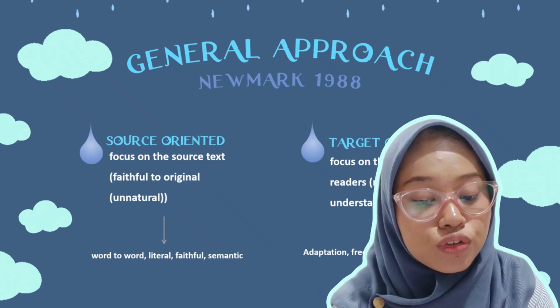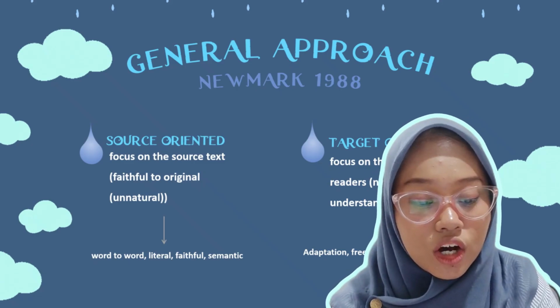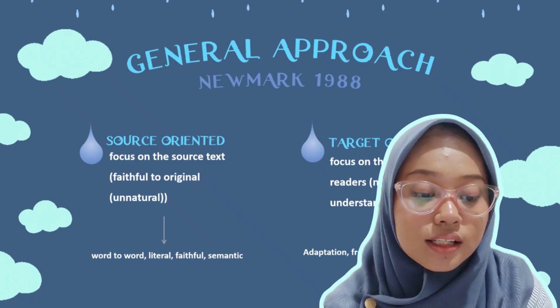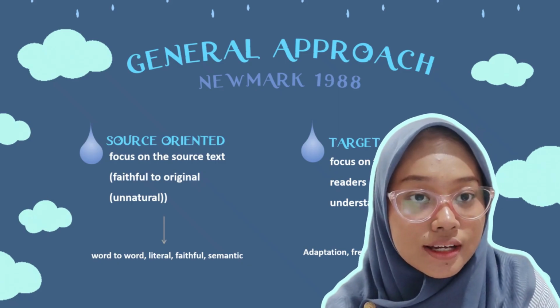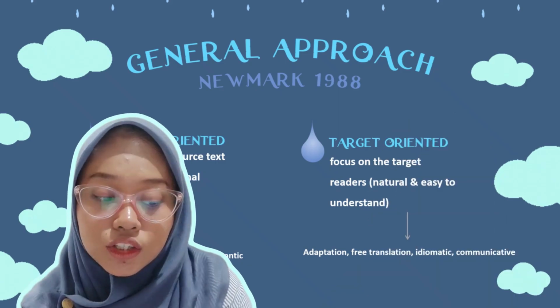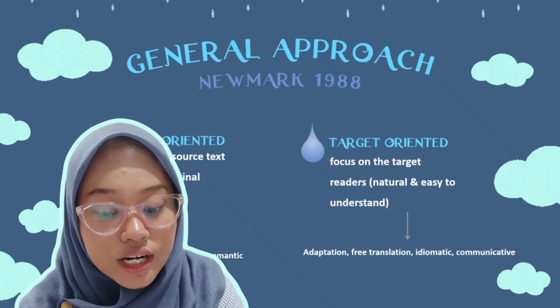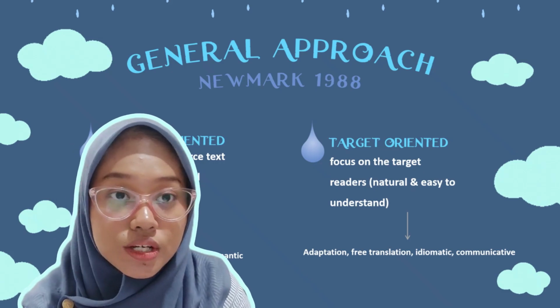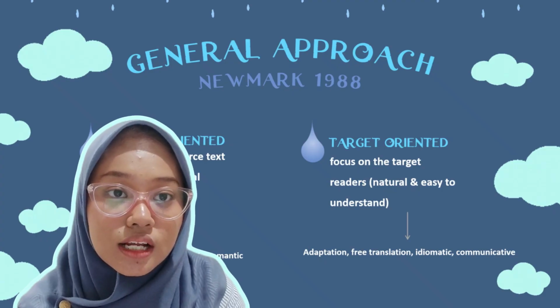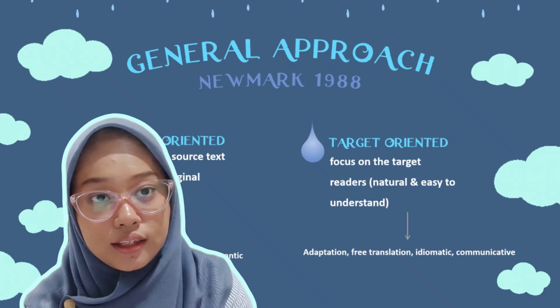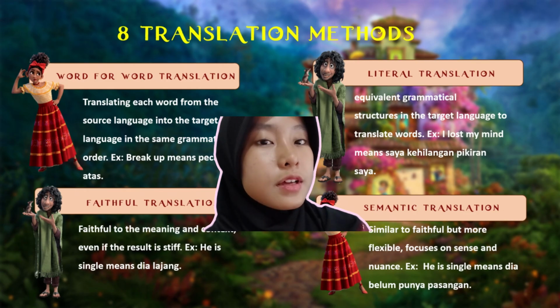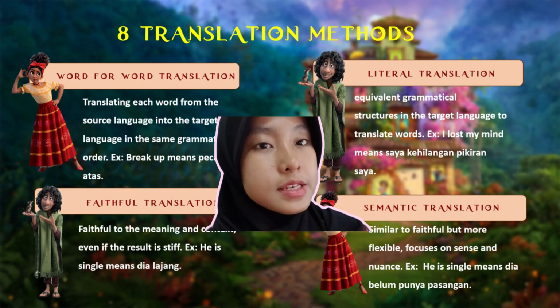Source-oriented gives birth to 4 methods: word-to-word, literal, faithful, and semantic. And target-oriented gives birth to 4 methods: adaptation, free translation, idiomatic, and communicative.